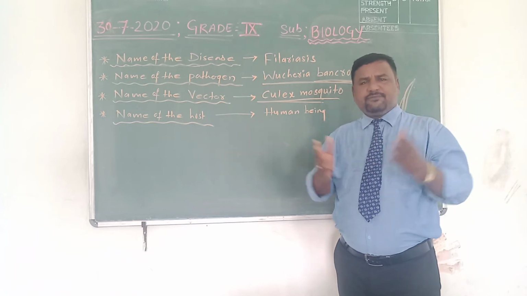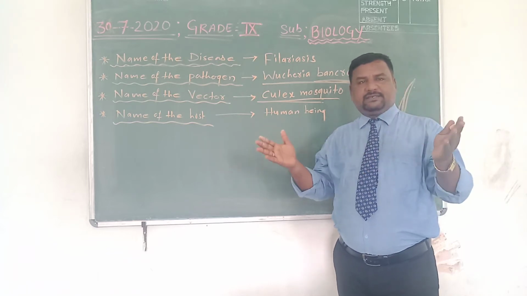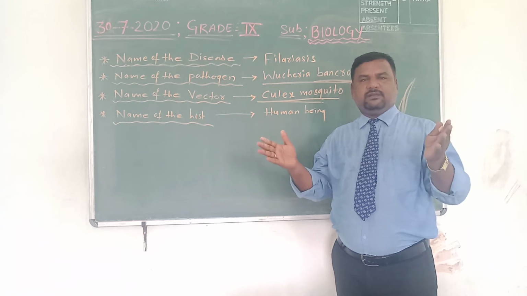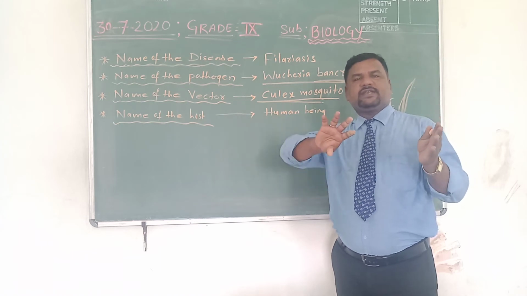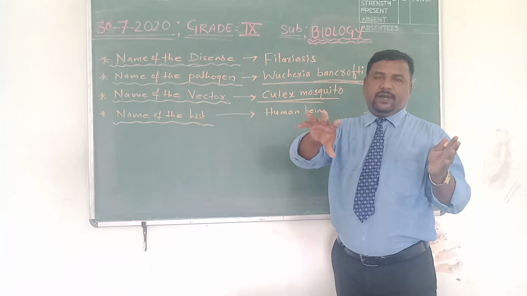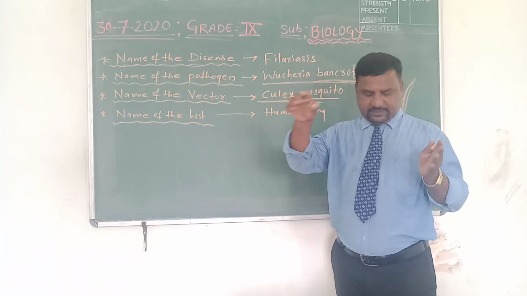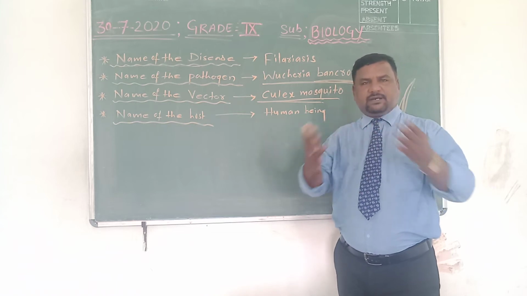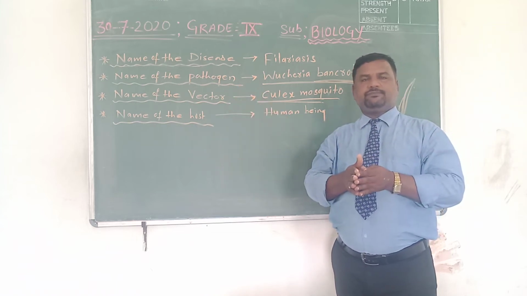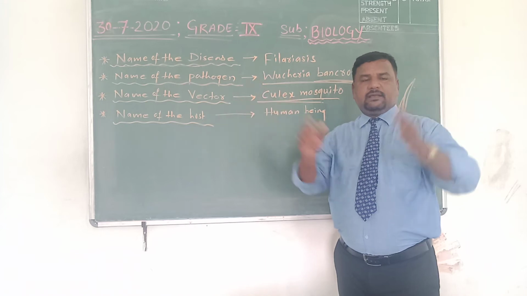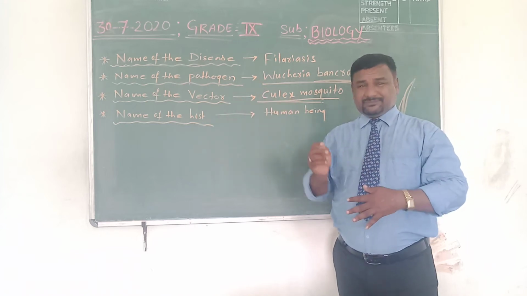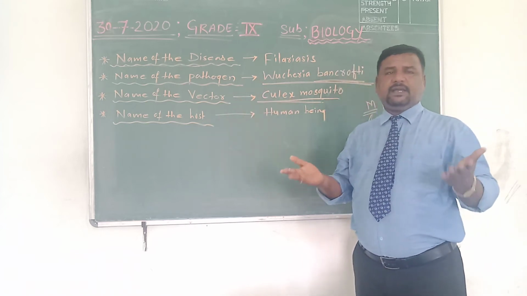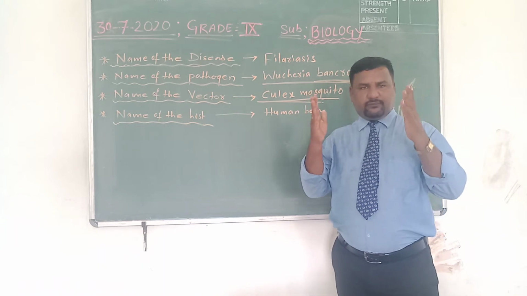What about this lymphatic system? The lymphatic system is responsible for circulation of lymph. The fluid which circulates during circulation is blood. We call it a fluid connective tissue. What circulates in the lymphatic system? Lymph. What is lymph? It is a white fluid.